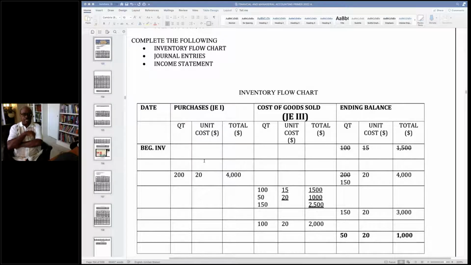This is just an in-class problem. It's titled Quiz 1, but it's really an in-class problem. What I want everybody to do is transactions 1, 2, and 3. You get 2 minutes per journal entry.